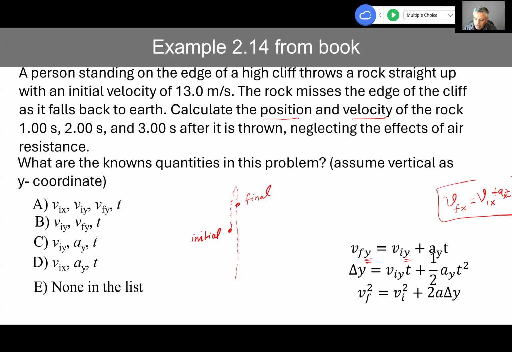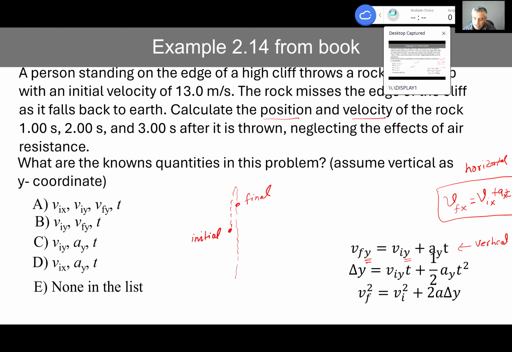Among these, what are the things that we know that are given in this problem? Because that's what we need to identify and write down before we can choose the correct answer. So that's the question I'm asking you.